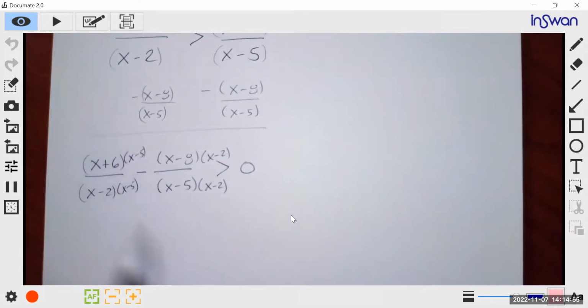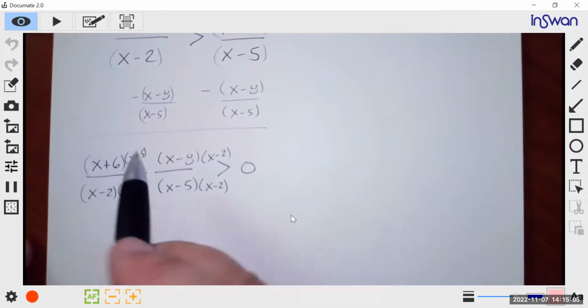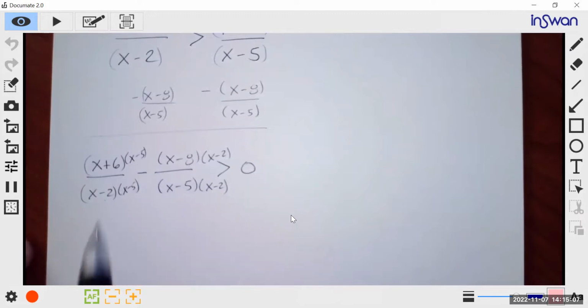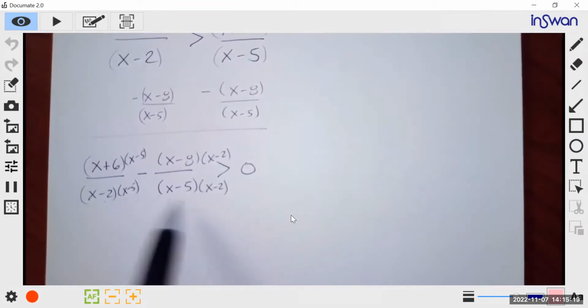Why do I multiply top and bottom by the same thing? What is x minus 5 divided by x minus 5? 1. So when I multiply, all I'm doing is multiplying by 1, so it looks the same.